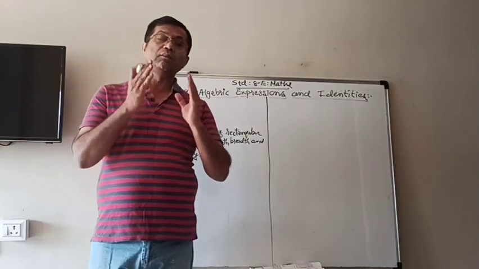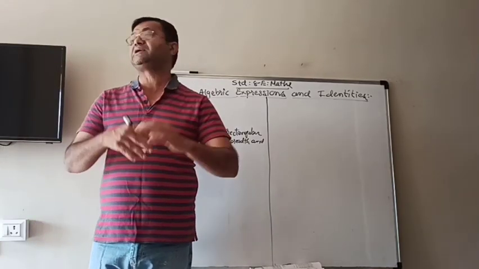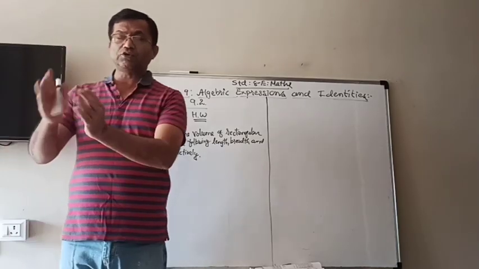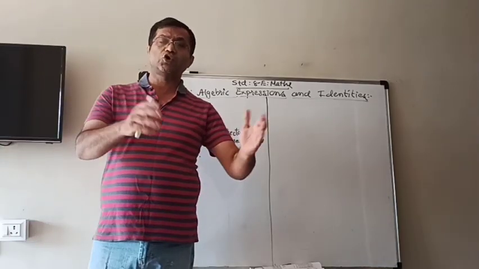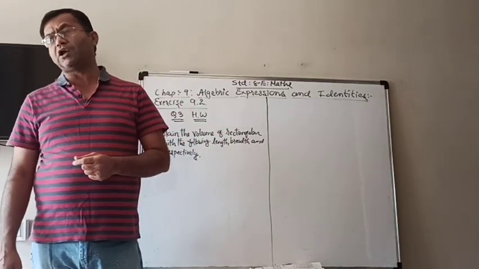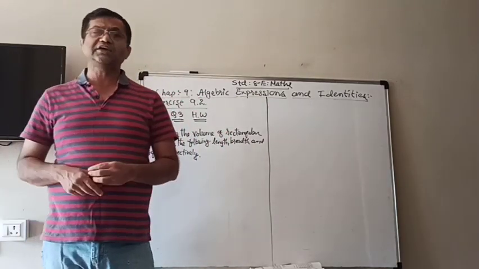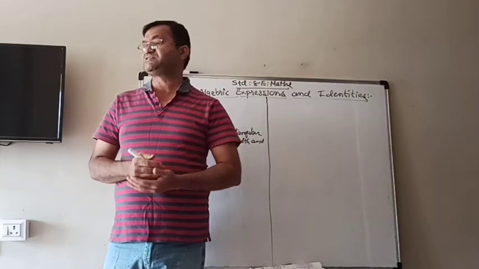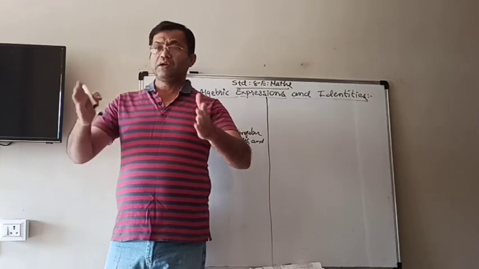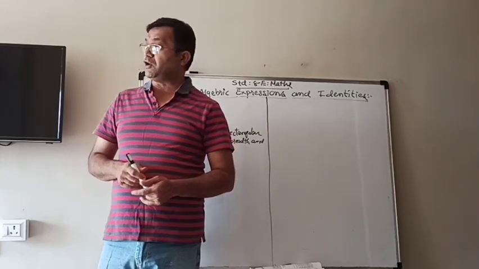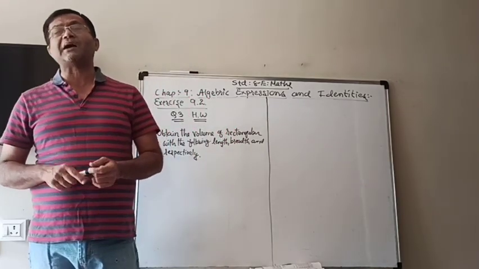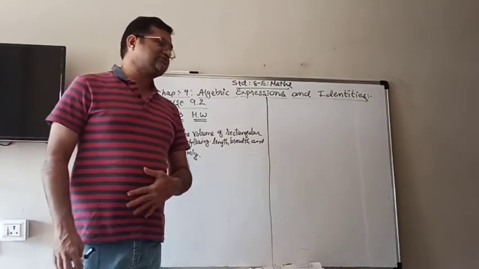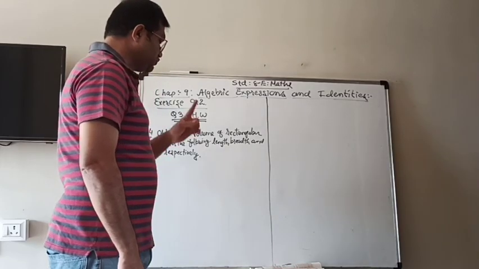When two or more monomials are to be multiplied, we have to multiply the coefficients of all of them, followed by the variables, and we have to follow the rules of power and exponents also. We started exercise 8.2. Question 1 and 2 were done.